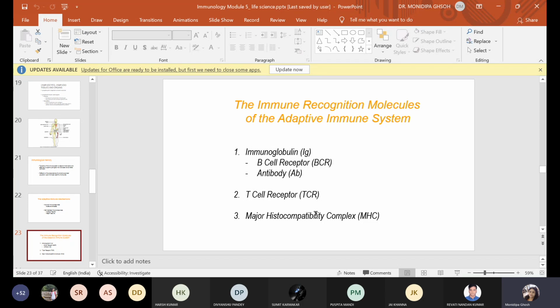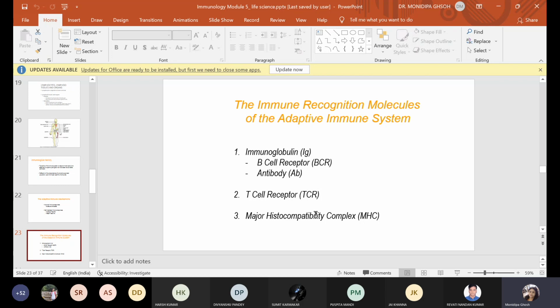At first, the cell has to interact with the antigen. The antigen as a whole does not interact with the host cell; the epitope, the specific site of the antigen, interacts with the receptor of the host cell.